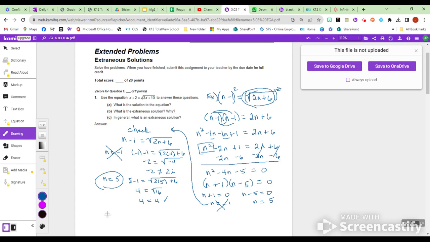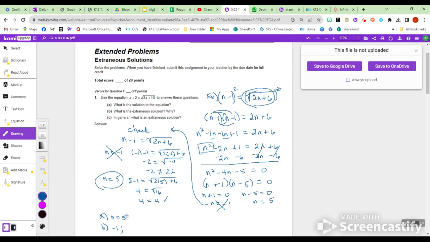So to follow up on the A, the B, and the C, again, please be really neat with your work here, so I can tell what's going on. So A is going to be, what is the solution? So we're going to say, for my example, n is 5. B says, what is the extraneous solution? So the extraneous solution is -1.